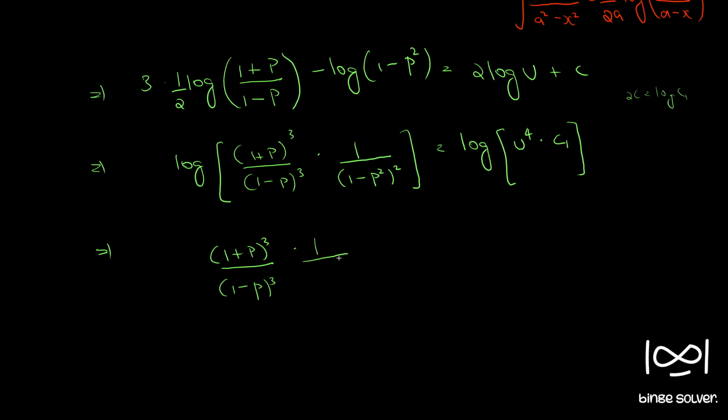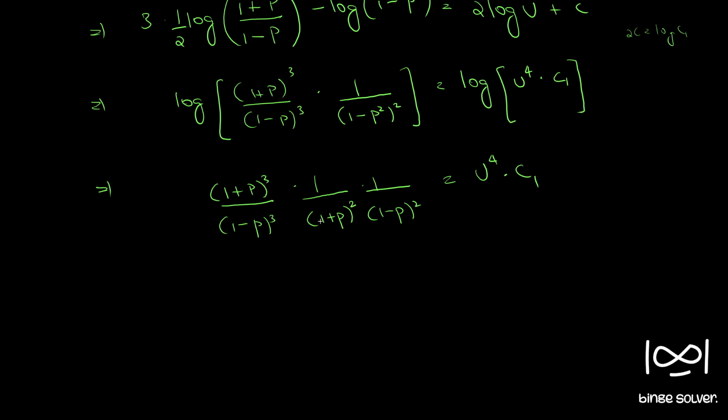So splitting, we have (1 plus p) the whole square into (1 minus p) the whole square, which is equal to u raised to 4 into c1. So here 1 plus p cancels out, so it becomes (1 plus p) by (1 minus p) the whole raised to 5 is equal to u raised to 4 into c1.